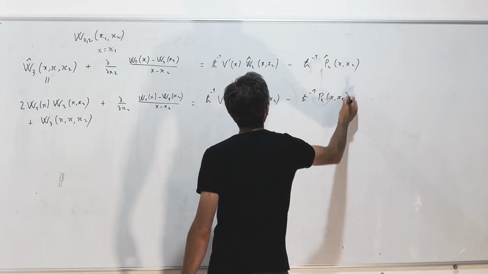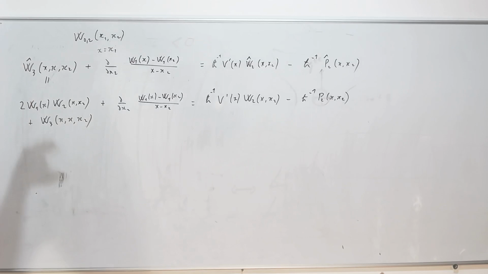I removed the hats and I subtracted the fact that we already had an equation, the loop equation for W1, and this is what remains.